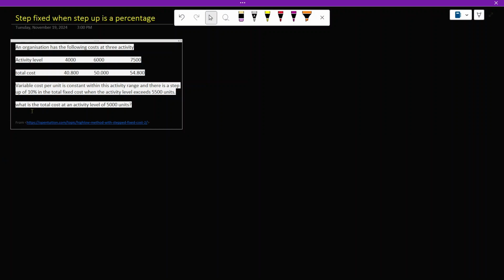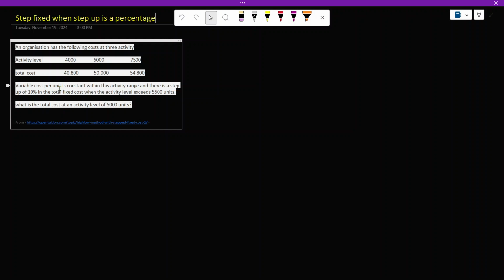An organization has the following costs at three activity levels. Activity levels 4,000, 6,000, and 7,500. Total costs associated: 40,800, 50,000, and 54,800.